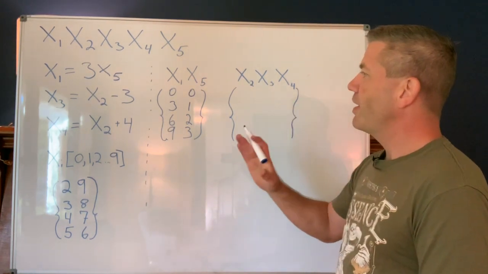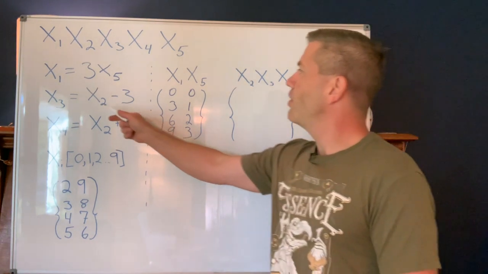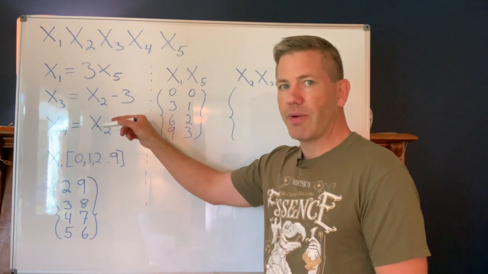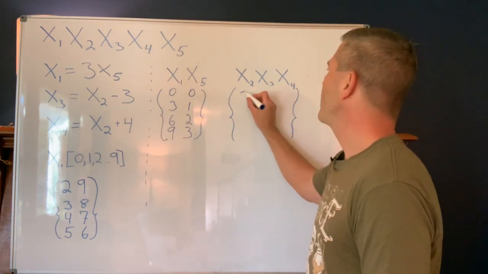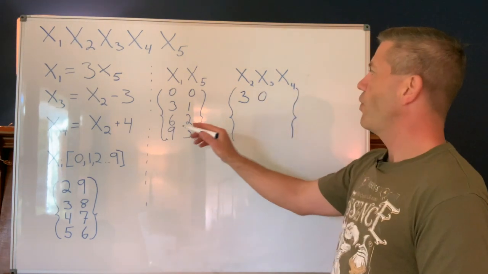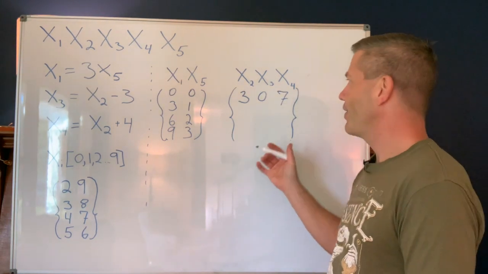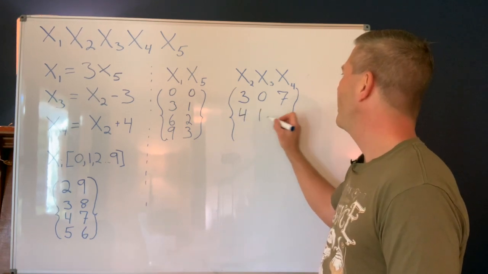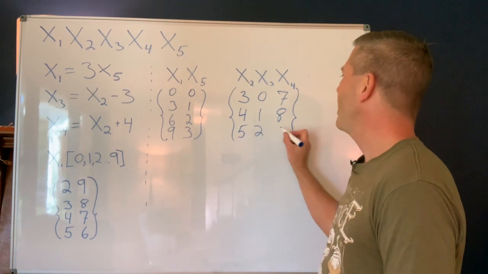All right, the next thing that we know is x2. So x3 is x2 minus 3. That means x2 can't be any smaller than 3 because that would be a negative number. So x2, our first x2, is 3. And that means x3 is 0, and x4 is 7. Now you can see that we're going to get another pattern here where we go to 4, 1, and 8, 5, 2, and 9.